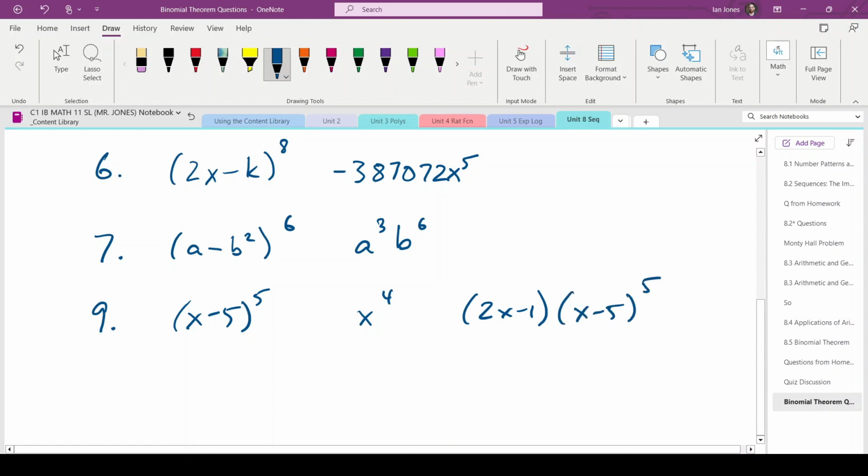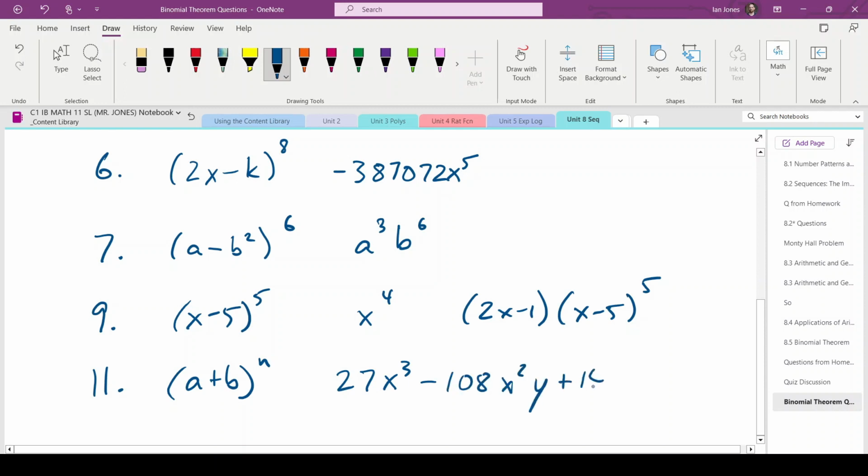Okay, that's an interesting one. Then I will do number 11 from the same homework set. That one says that we have a plus b to the n, and we want to know what a and b are such that we get this specific binomial expansion.